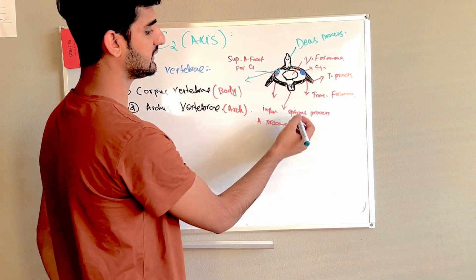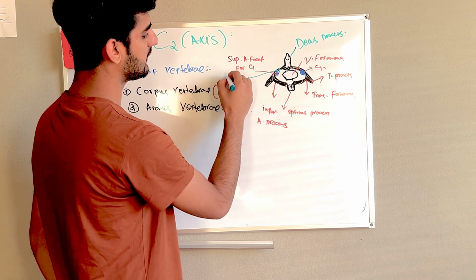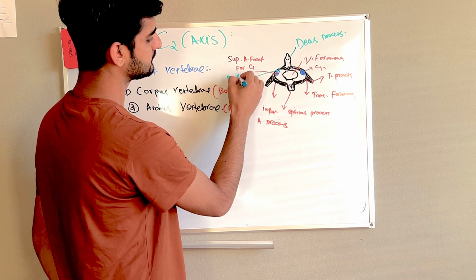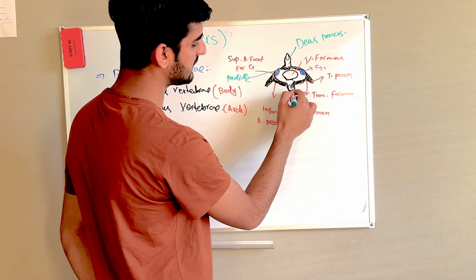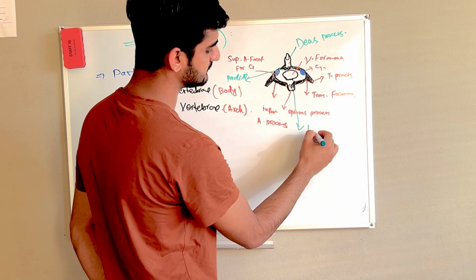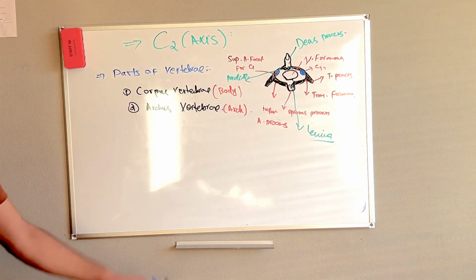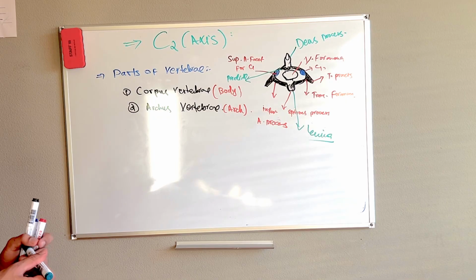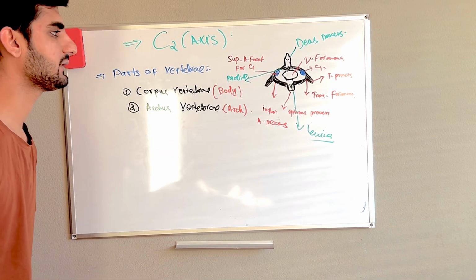Okay, the spine process is posterior. Now the part holding the body is called pedicle, and from the back side, posterior side, the part holding the spine process is called lamina. Okay, these are the things which we are going to know about the C2 axis vertebra.